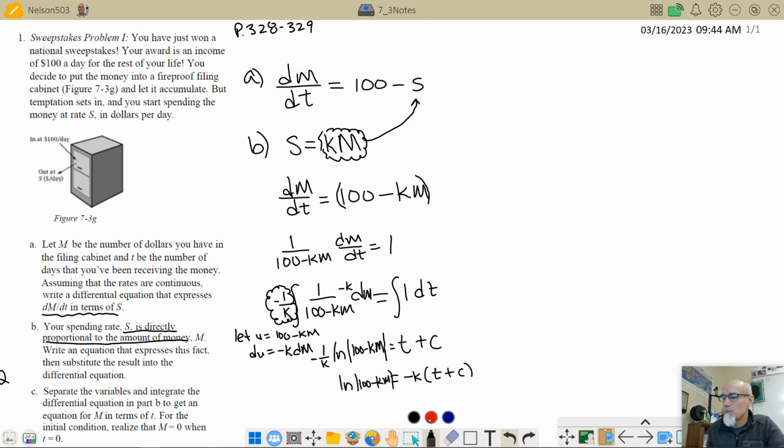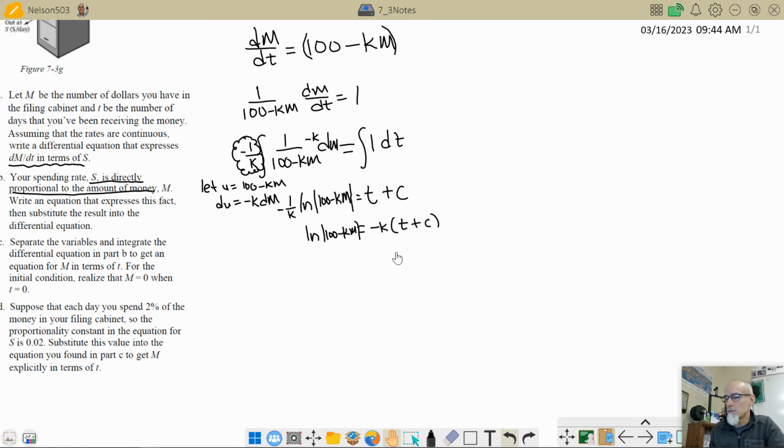And then I'd convert it to exponential form, I should say. That's probably clear if I do it that way. So what does this mean? It means e to that power. So e to the negative k times t plus c is all equal to 100 minus Km.